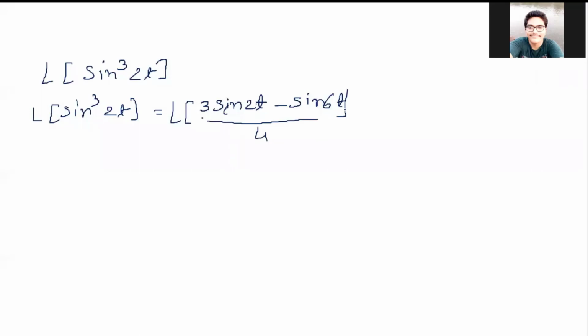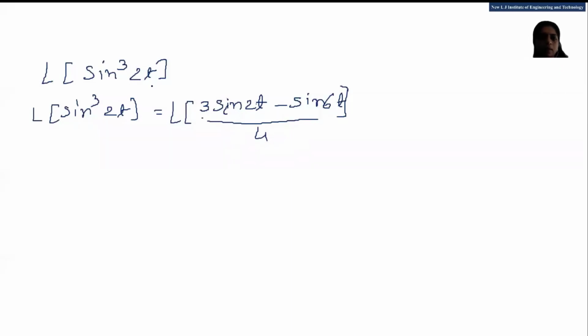You are right, right? So, yes, students, for finding this sine cube 2t, here we apply this formula.